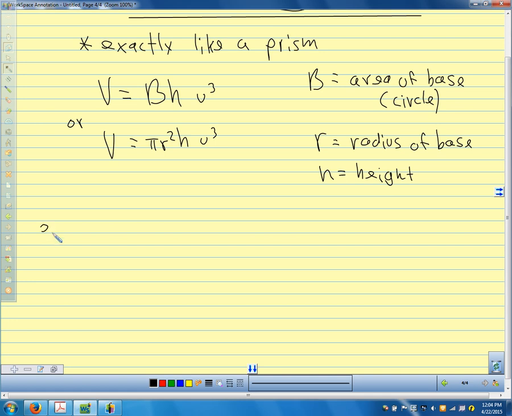All right, so let's look at an example. We'll start off really easy. There's my cylinder. And that's 14 meters. There's my center.